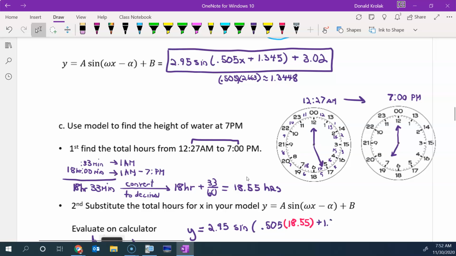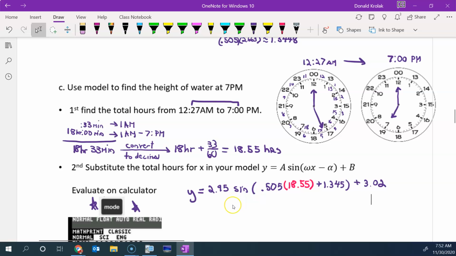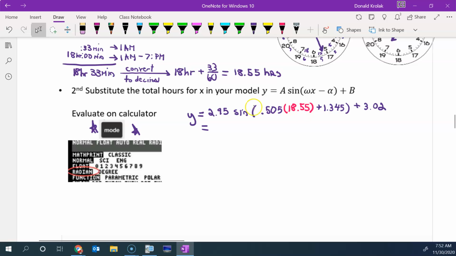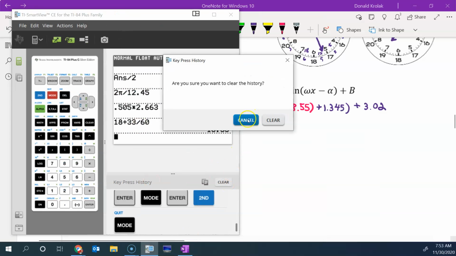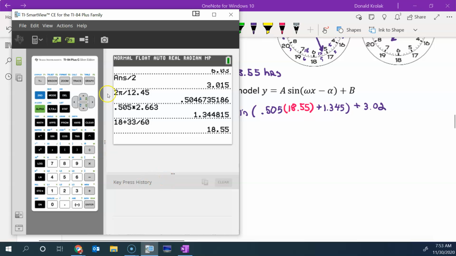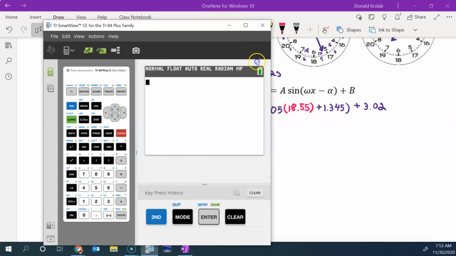Plus 1.345 plus 3.02. Now, you just type that into your calculator exactly how you read it. Okay, and now we're going to type it all in.